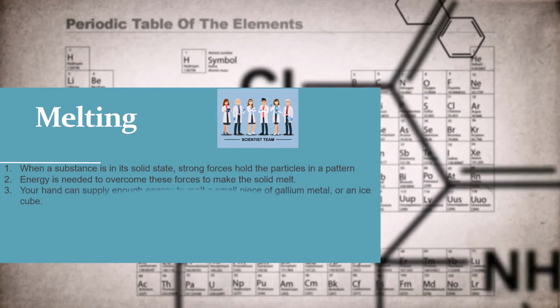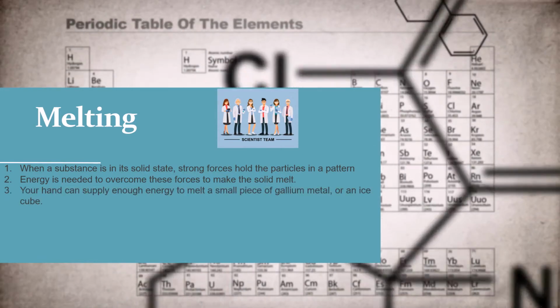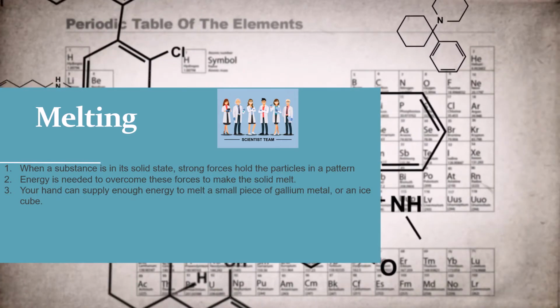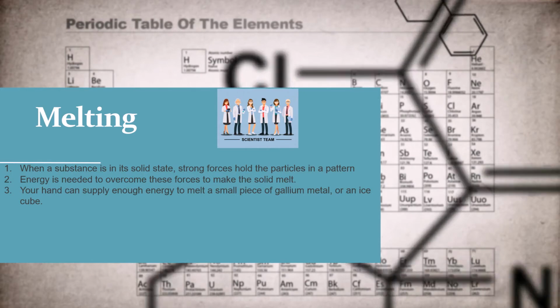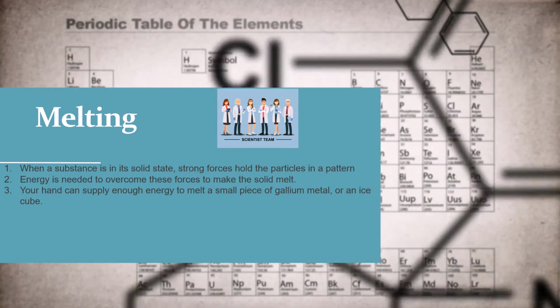Third, your hand can supply enough energy to melt a small piece of gallium or an ice cube. Gallium is a metal and it melts in our hand because its melting point is lower than our body temperature.